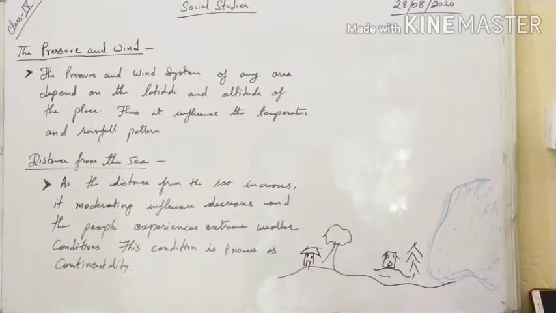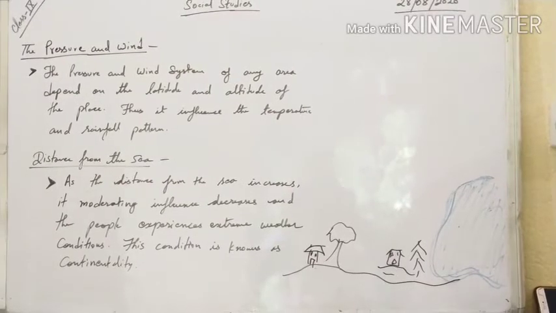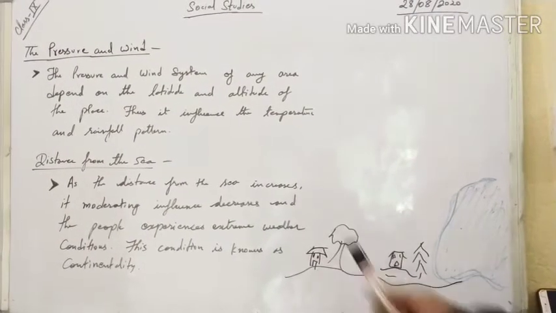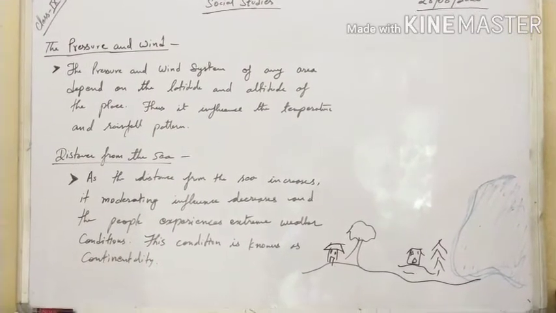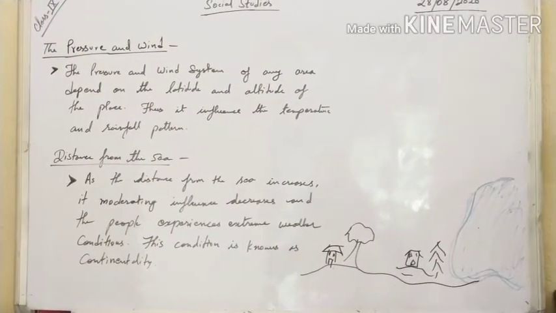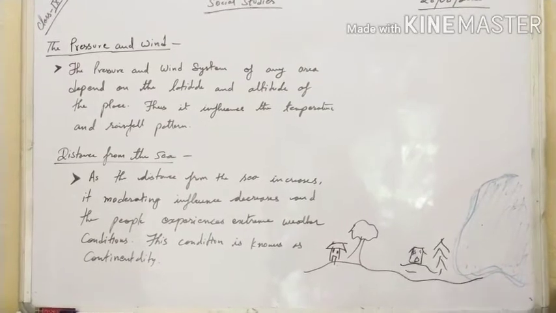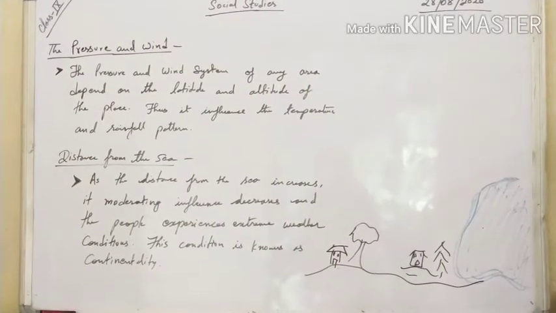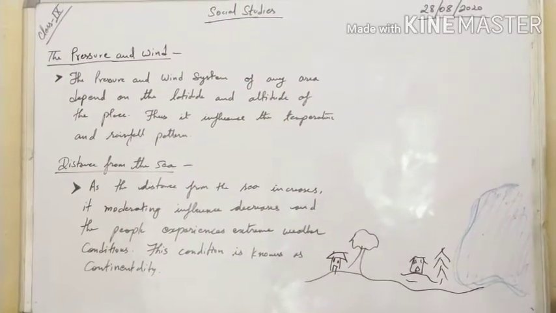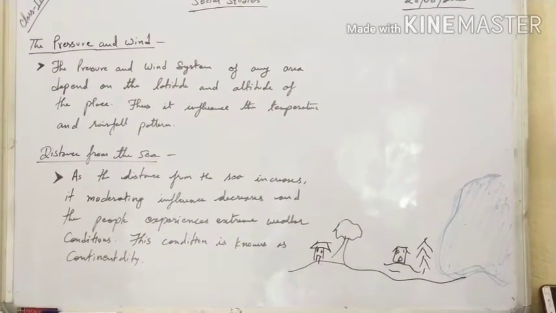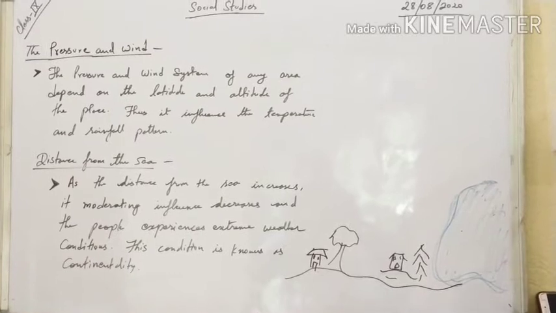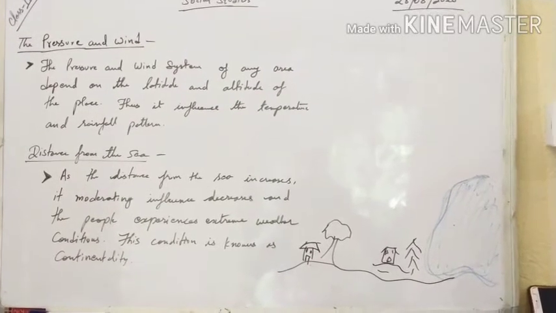It will moderate the weather of the nearby area, but as we move away from the sea, you will find that the influence will decrease, and the temperature will become more and more, the temperature will increase. That means the influence is decreasing. So when this condition occurs in the far off place, it is called continentality.